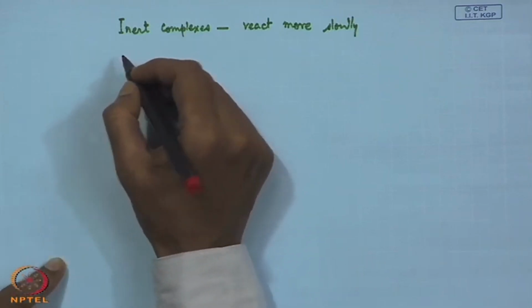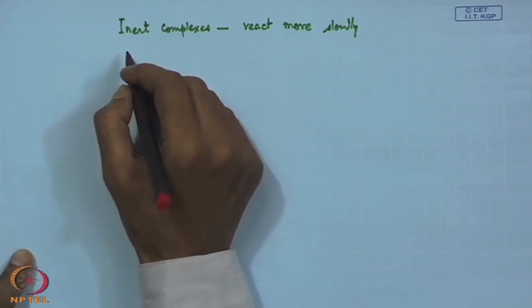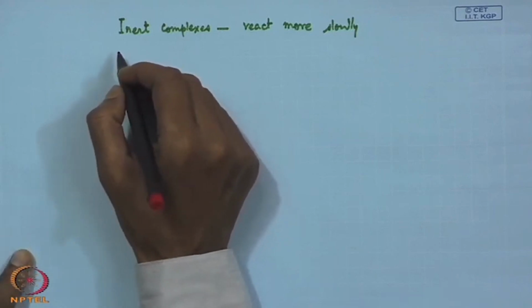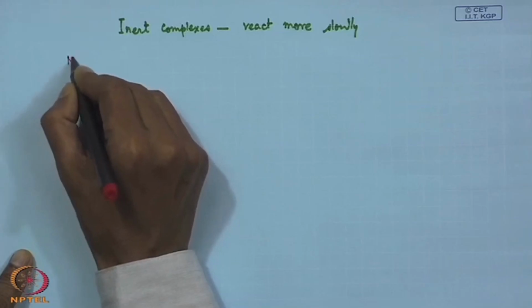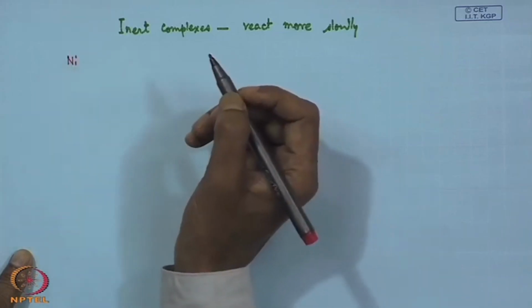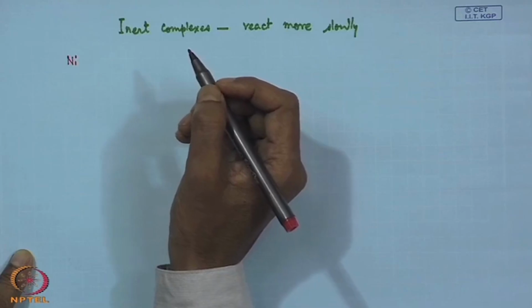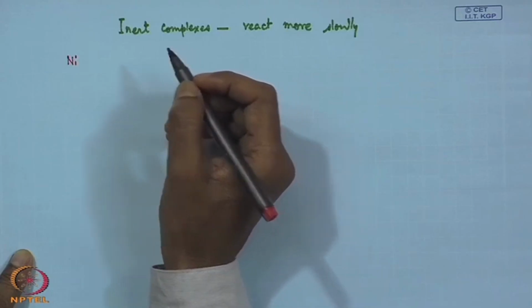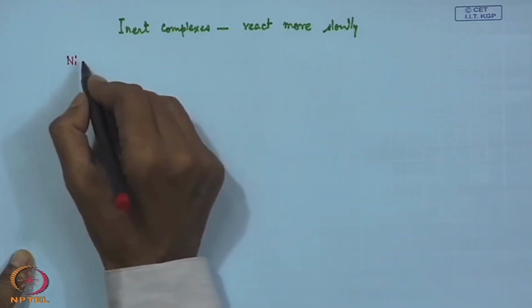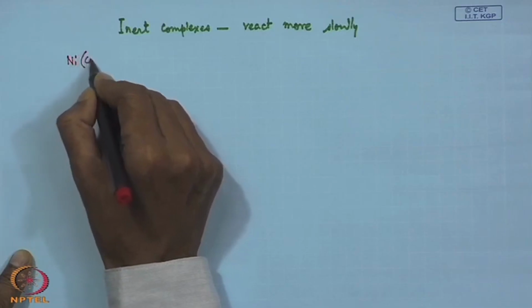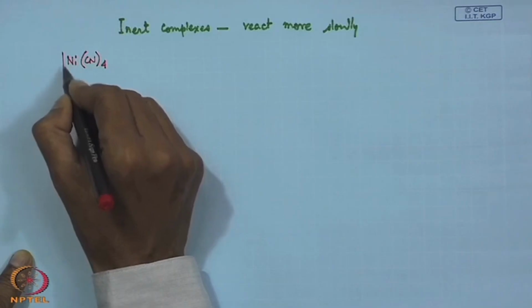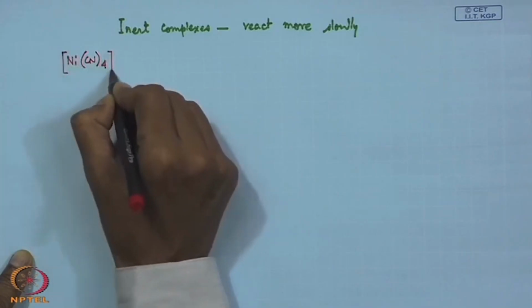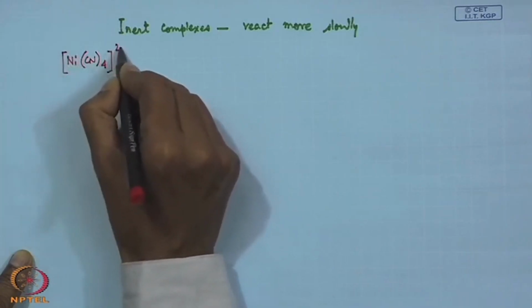So, apart from the corresponding stability in terms of the thermodynamic term, we have the d8 configuration, the 3d8 configuration in square planar geometry, such as tetracyanonickelate, potassium tetracyanonickelate or ammonium tetracyanonickelate.